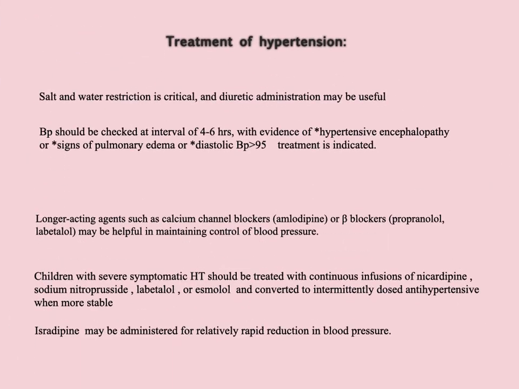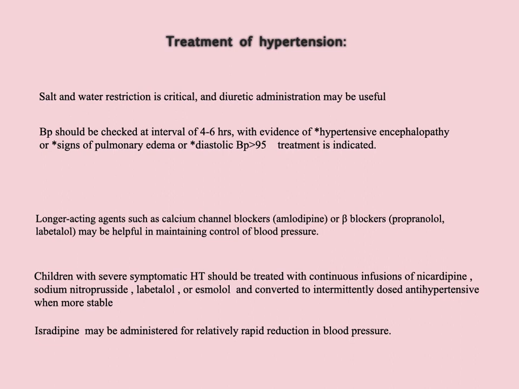The standard therapy for treatment of hypertension in post-streptococcal glomerulonephritis consists of sodium restriction, diuresis, usually with intravenous furosemide, and pharmacotherapy with calcium channel antagonists, vasodilators, and angiotensin converting enzyme inhibitors. Longer acting agents, such as calcium channel blockers or beta blockers, may be helpful in maintaining good blood pressure control.